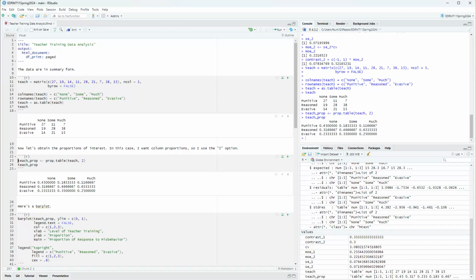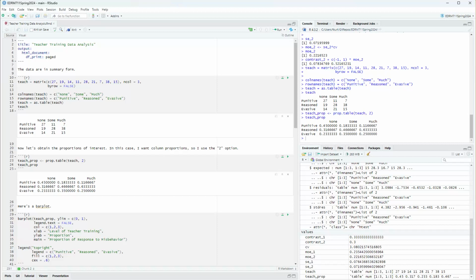45% of those in the no teacher training condition were punitive in their response to misbehaviors, whereas only 18% with some teacher training, and even less, about 12% of those with much teacher training. 32% of those with no teacher training were reasoned, whereas it was 47% with some, and almost 2/3, 63%, with much teacher training.